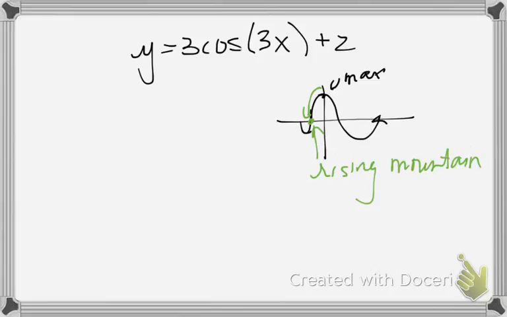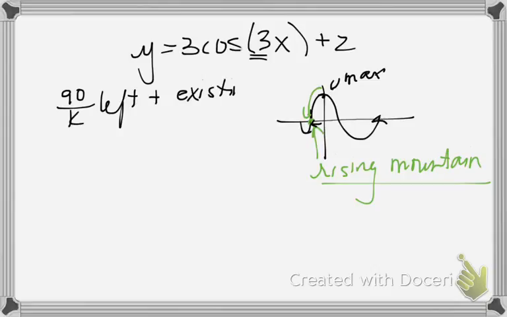So I know if my max occurs at 0, my rising midline is going to occur toward the left of that. So if I want to change a cosine function into a sine function, normally it would be 90, but we need to account for any stretches or compressions. So it's going to be 90 over k to the left, plus any existing shift.